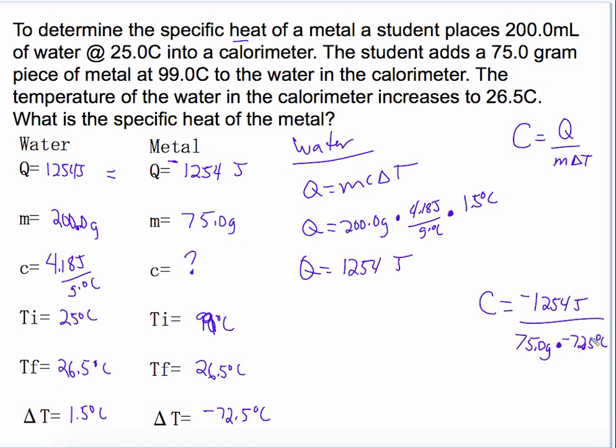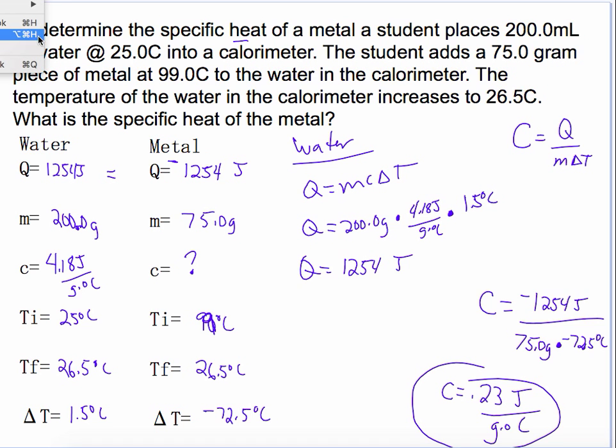So if we take 1254, divide by 75, divide by negative 72.5, we end up getting 0.23. So the specific heat of this metal is 0.23 joules per gram degree Celsius. That would be the final answer. All right, that's it for that video.